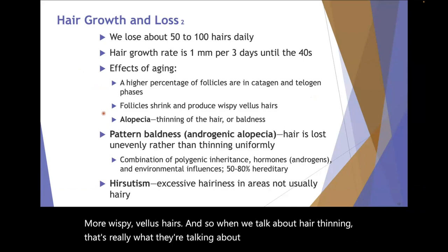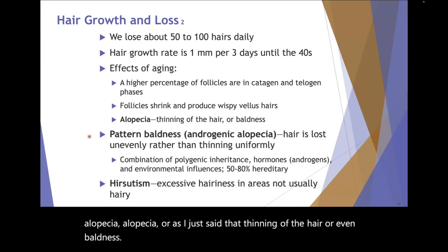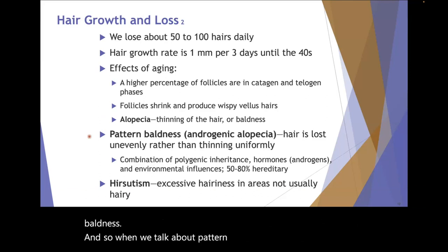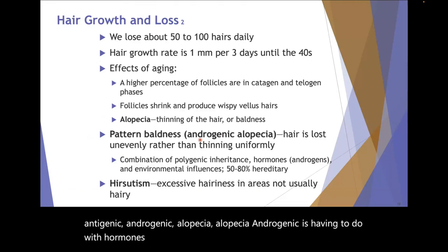You also could undergo alopecia. Alopecia, as I just said, is thinning of the hair, or even baldness. Pattern baldness is androgenic alopecia. Androgenic has to do with hormones, okay, androgens.